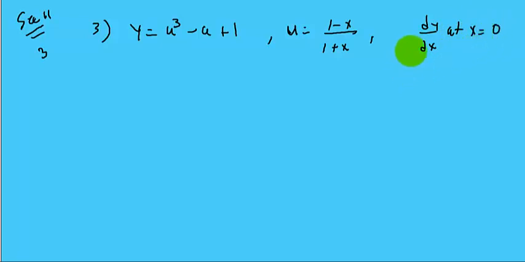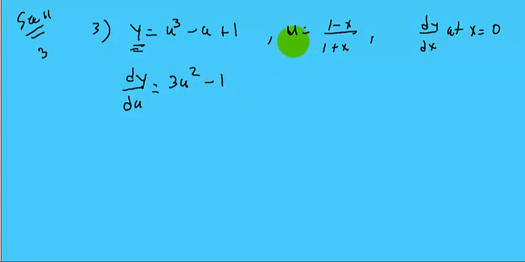There are 2 ways to do this. You pick your poison, because number 4 becomes really long. One way is easier than the other, but I'll show you both ways. Here's the first way. If I take the derivative of this, I am finding dy du, right? dy du is 3u squared minus 1, and you say, oh, that's a piece of cake.